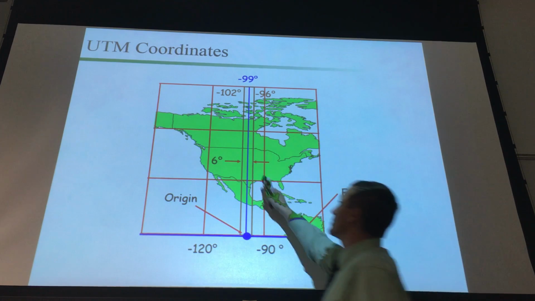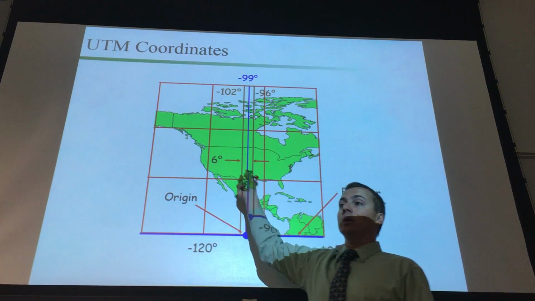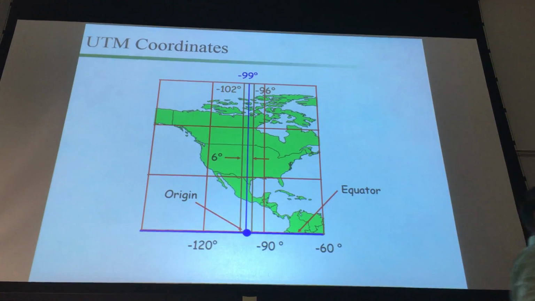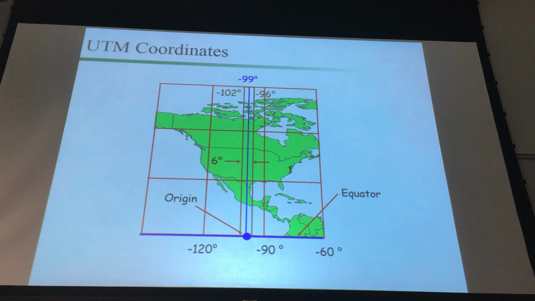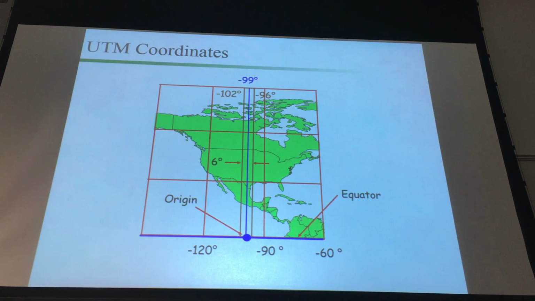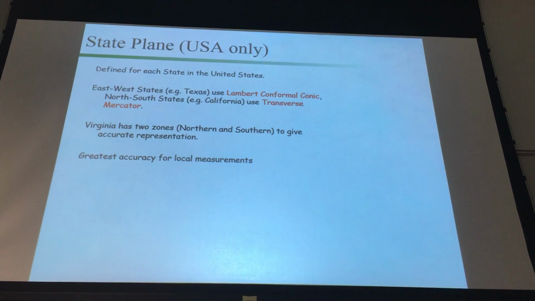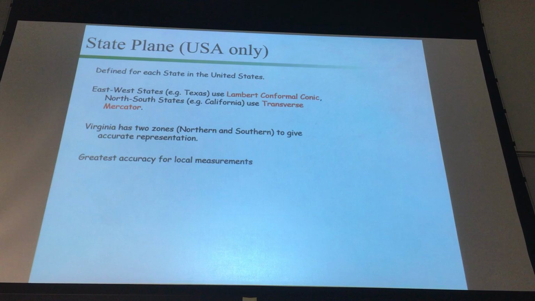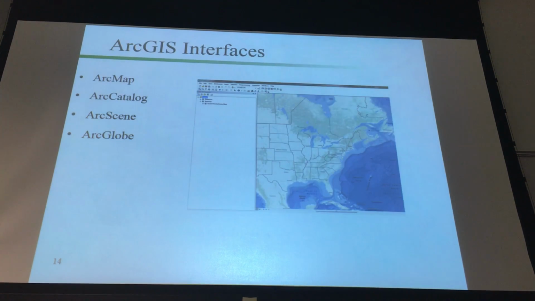If you're using these ones, there's much less distortion if you're working at a local level. So we will be moving from geographic at CERT, big mesh, to local projections and vice versa. Here are some examples of state planes.